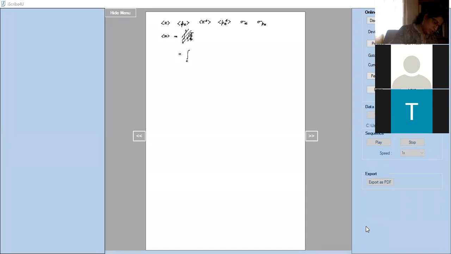So this is 0 to L. You will have x, and then root 2 by L sine n pi x by L, star, and then of course root 2 by L. This is a trivial step, because all of you know this is a real function, and thereby the conjugate will be exactly the same thing.